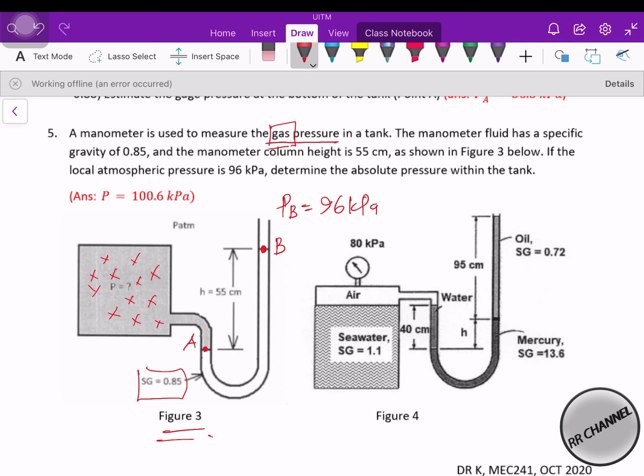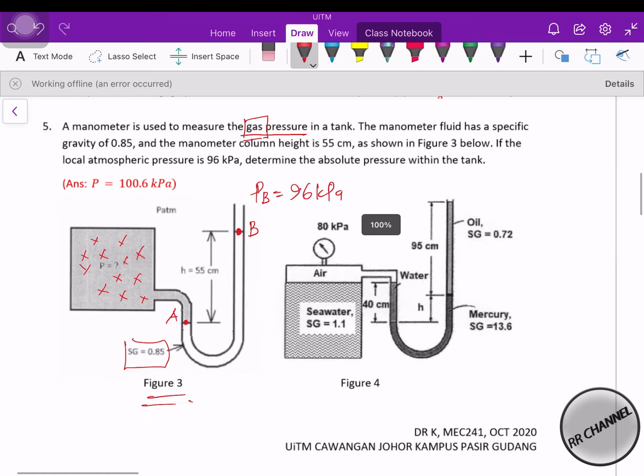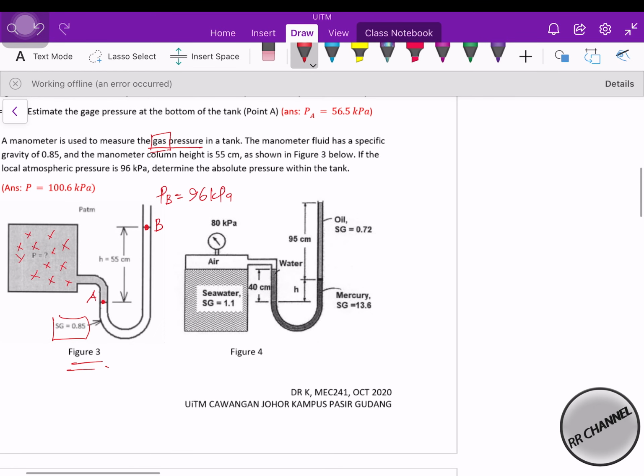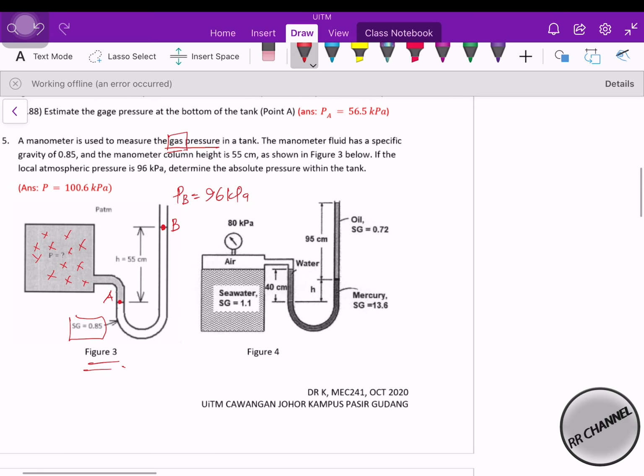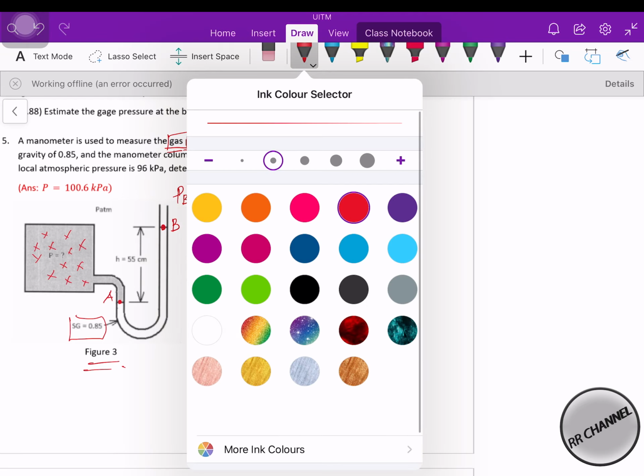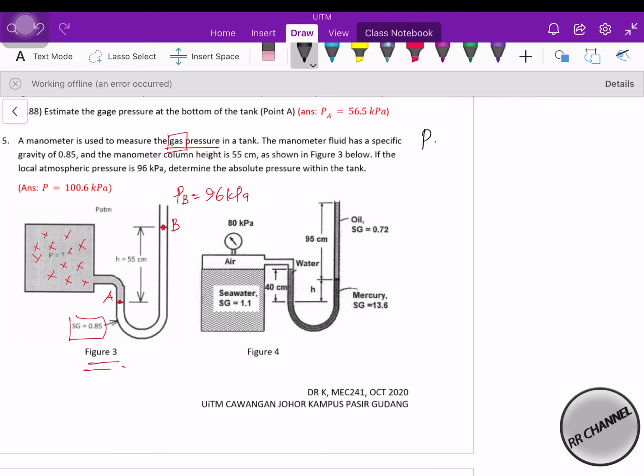It asks for the absolute pressure within the tank, so it asks for the value at point A. Okay, so in order to answer this question, we start from point A. This is question number 5. PA, and then it goes to point B.